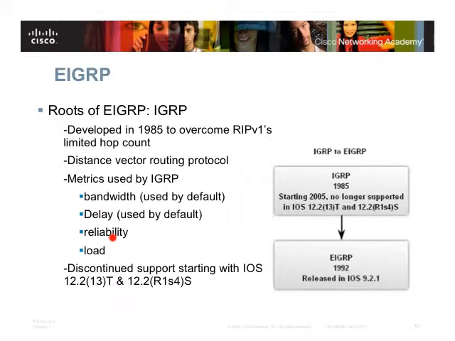The other two are supposed to change in real time. So reliability and load, especially the load, we can understand that the load changes over time. So depending on how many connections are going over a link, this load may change. This link, for example, is loaded 50%. This link is loaded 80%.